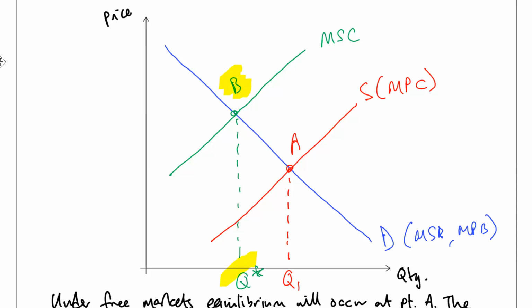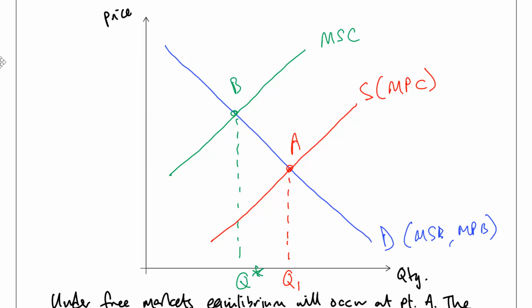Because the market behaves according to private costs, not social costs, we're permanently stuck at point A, where the amount produced is Q1, which is greater than Q star. So the private market would end up overproducing this thing, and we have to find a way to cut production back to Q star, which is the socially optimal quantity.